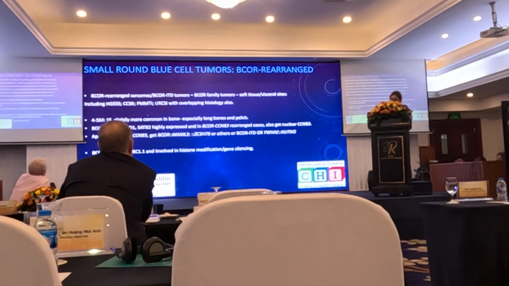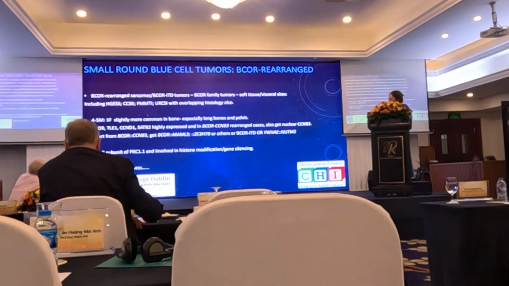So it includes clear cell sarcoma of the kidney. Actually, that's also in the vast majority of cases driven by a BCOR aberration, and also undifferentiated round cell sarcoma of infancy. Far more common in males, as is the case with CCSK as well, of course, and they're somewhat more common in bone, especially long bones and pelvis.